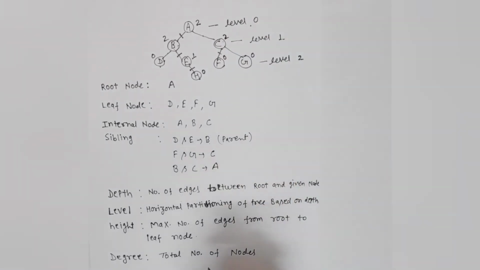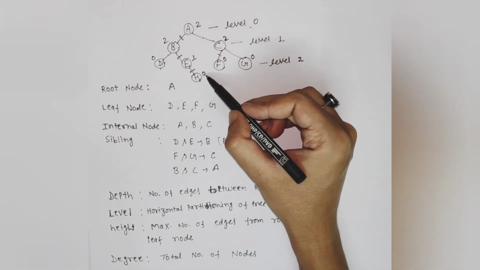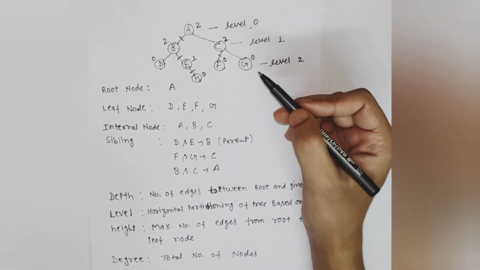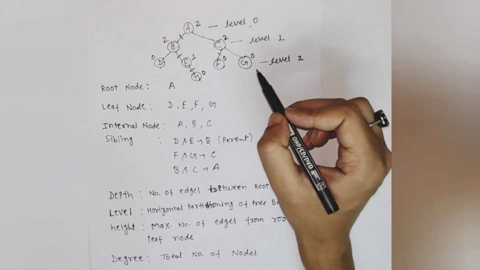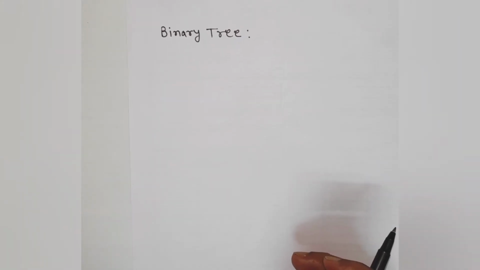Here you can observe one more thing: all the leaf nodes have 0 degree. So if you want to find a leaf node, you can say the node which has 0 degree is a leaf node.